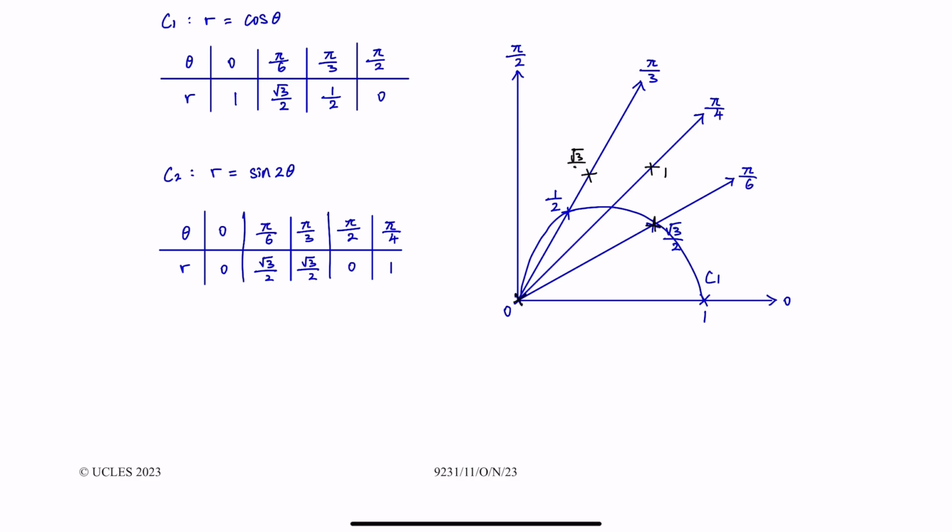Sec 3 over 2. And for pi over 2, r is 0.